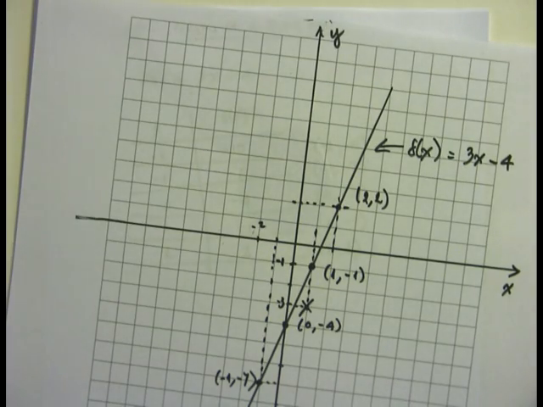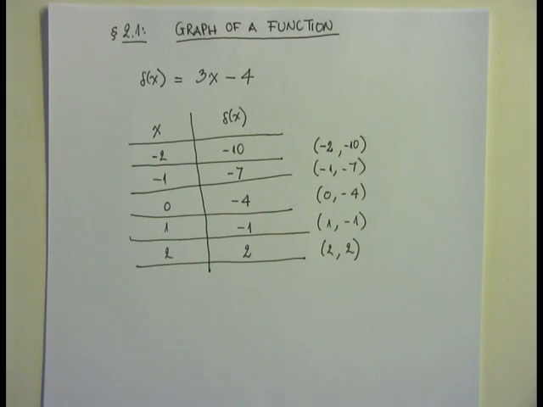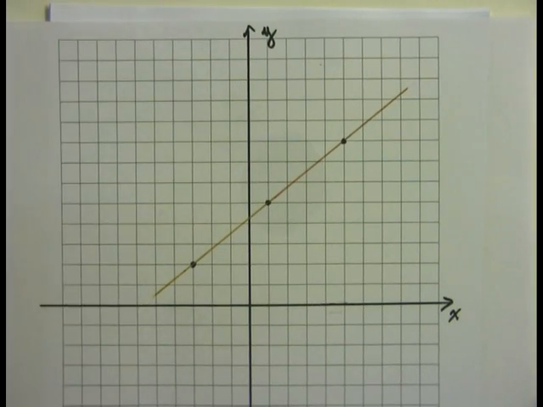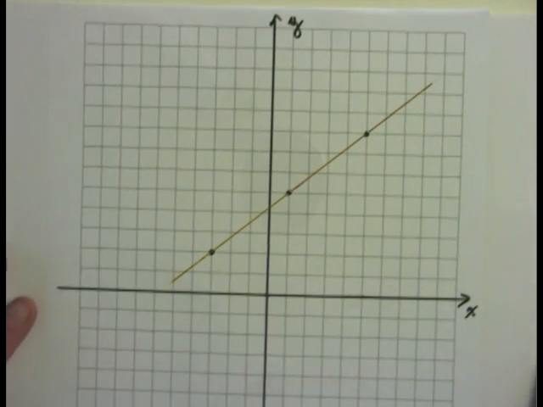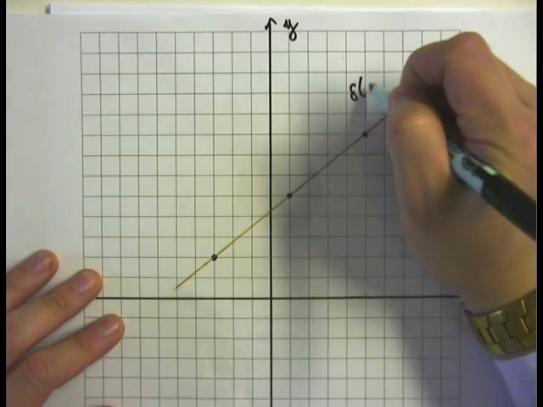The whole point of looking at the graph now is that in 2.1, you also learn how to determine a function's value. So now suppose I'm giving you a different function. What I have here in front of me is just some kind of function, f of x.